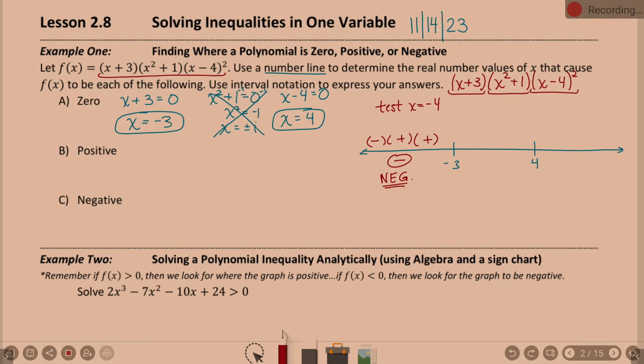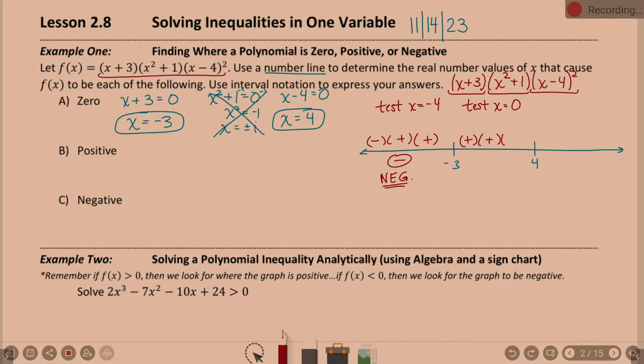Okay. Repeat the process. Pick a value between -3 and 4. What's a value between -3 and 4 I can use? I'm always going to use 0 where I can. So we're testing x equals 0. What do I know about 0 plus 3? It's a positive. 0 squared plus 1?